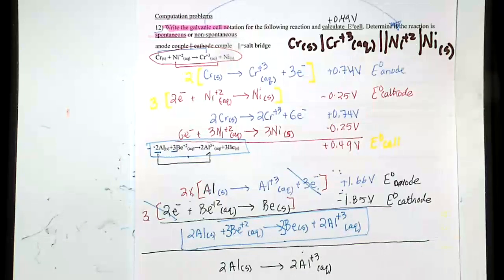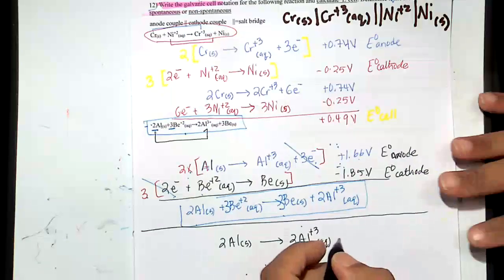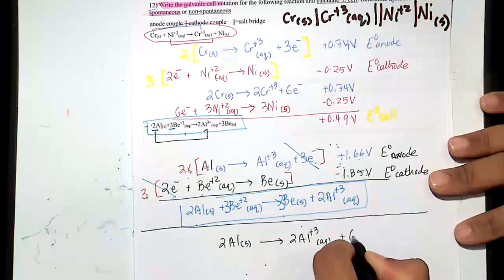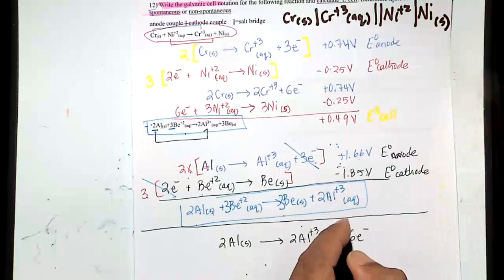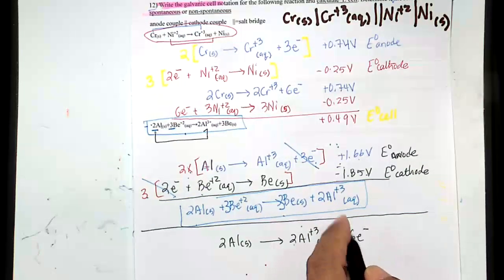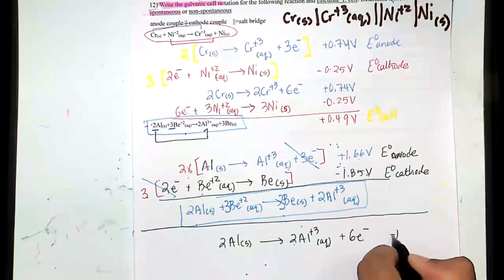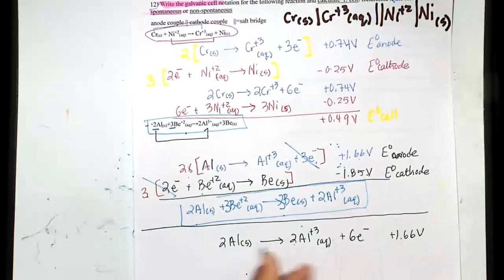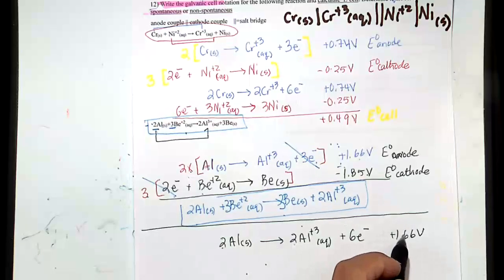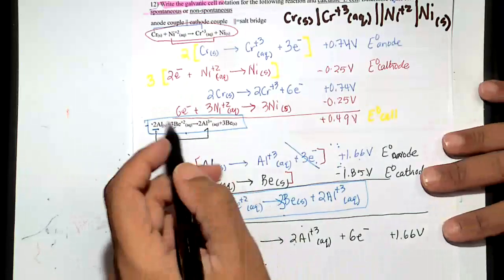How many electrons and where will you put them? You'll put 6 electrons here, because 2 times 3 is 6. This is still my plus 1.66 volts, because when multiplying those numbers, you never change the numbers, you just change the sign.